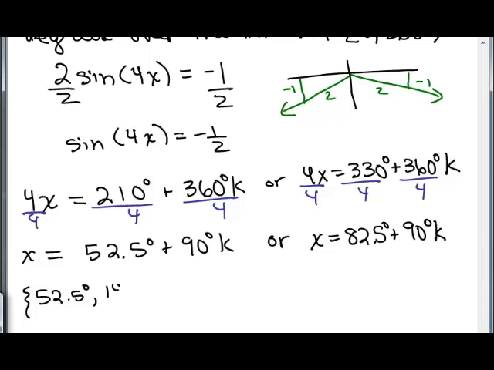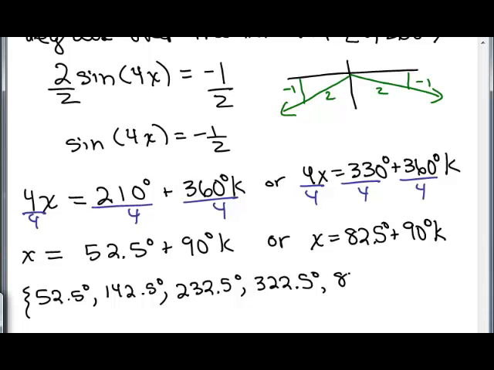So that gives us 142.5 degrees. Then we add 90 to that, and that gives us 232.5. Then we add 90 to that, and that gives us 322.5. If I add 90 again, I'm going to be over 360 degrees. So I get 4 solutions from this first part.